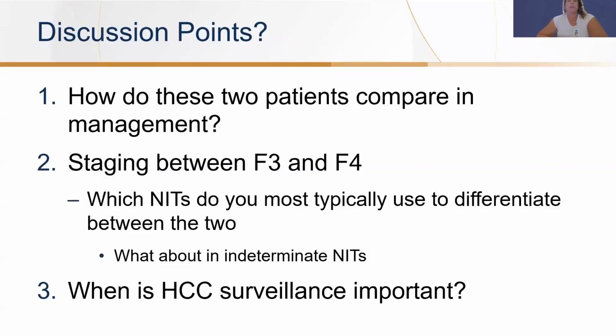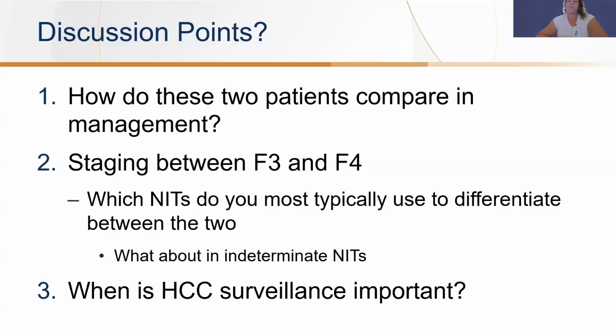So the biggest difference is that one of these patients is not a candidate for resmetirom or Rezdiffra therapy. And that's because we do not have the FDA approval for patients who have cirrhosis at this point. It is important to make sure that you are paying attention to things like F3 and F4 so that you can get patients on the appropriate medical, lifestyle, etc.